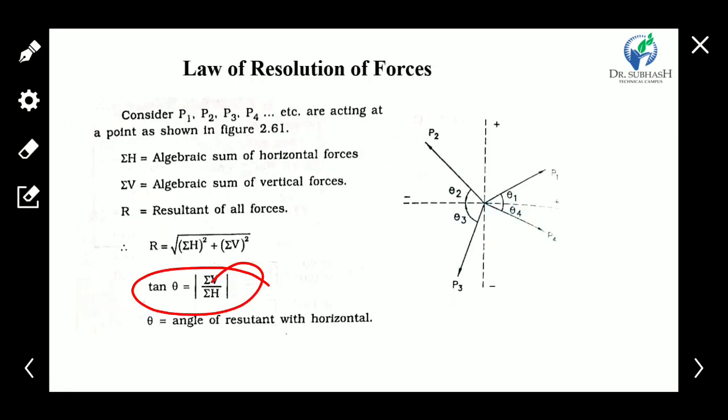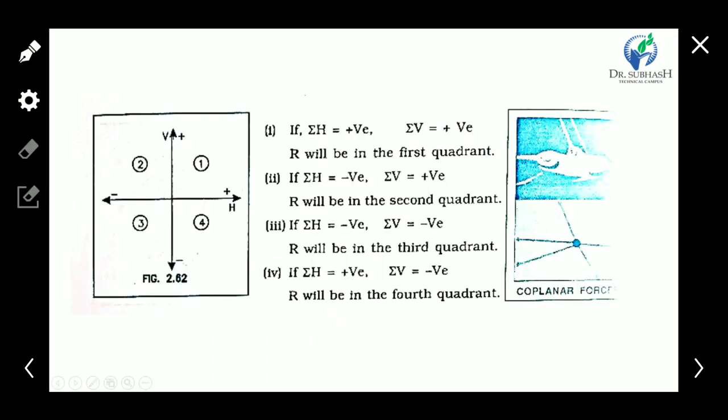According to that, we decide the direction of the resultant according to the sign of the summation of horizontal and summation of vertical components or forces. So this is the law of resolution, and through this law we can find the resultant of a number of forces, more than two forces.